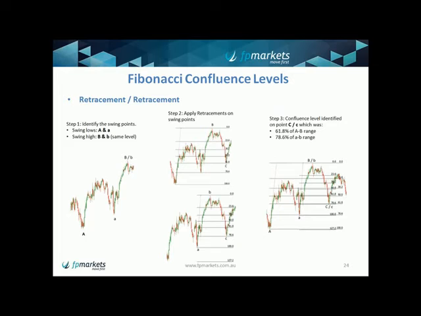So you might go, okay, you know what? If I enter on a Confluence level, rather than go for 1-to-1 risk-reward ratio, I'm going to go for 1-to-2, and then maybe 1 to 2.5 or 1-to-3, just depending on what you're looking at.